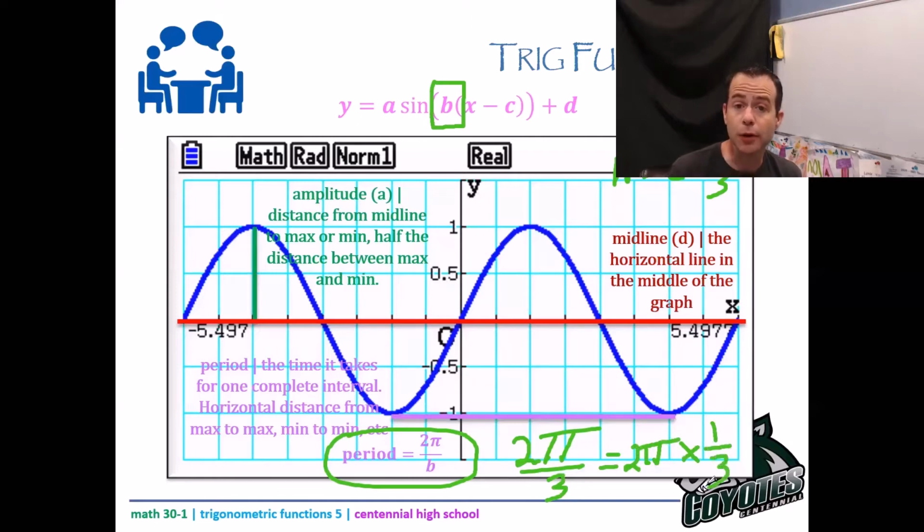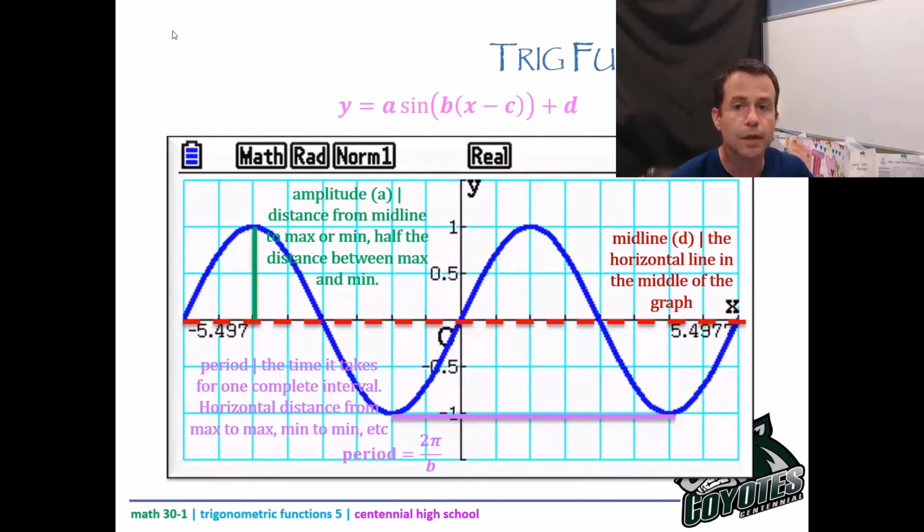Okay, so it still works as a stretch factor. It's just that we often are not describing it in terms of transformations. And so what we look at rather is what is the period of the graph. And if we want the period of the graph, we're going to go 2 pi divided by b. I should also mention right at this point, 2 pi is because I'm speaking in radians right now, okay? If this graph was based in a degree scale for x, it'd be 360 divided by b, okay?